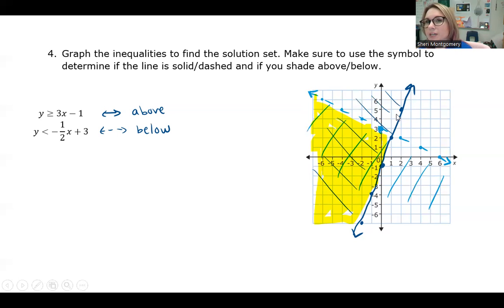But this solid line over here, it's not part of the solution set because it's not bordering that yellow part. So I will probably give you a point over here. You would say no. And then I'll probably give you a point over here. That one will work. And of course, anything that's in the shaded part, that works too. Don't try to do those with your mind. Plot the points, and then on your answer choices, either say yes or no. Check them off, yes or no, if they work or if they don't work.